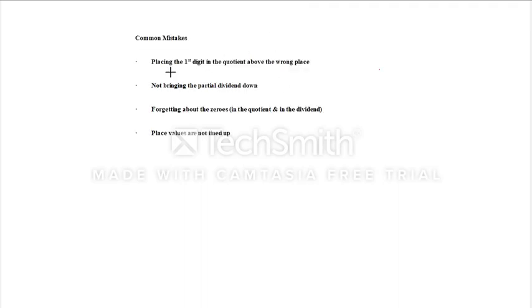Common mistakes. What students will do is place the first digit of the quotient above the wrong number. So if I was doing my first problem of 9,254, and I placed the first digit here, that wouldn't be correct.